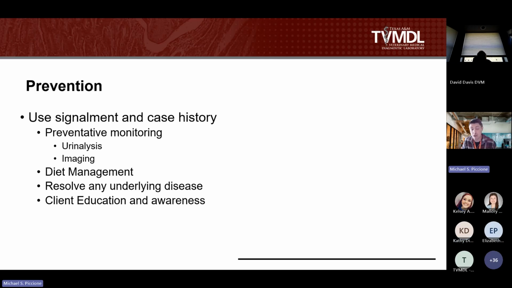And then finally, if you have a patient with another underlying disease, maybe it's a portosystemic shunt, maybe they have this chronic issue of hypercalcemia of unknown cause, please make sure that you are educating your owners and making them aware that this may be a lifelong battle, and that when they see concerns of something like, my dog's been going out more frequently, or my cat's been visiting the litter box a lot more frequently than I'm used to seeing, I'm having to change it more often, there may be a lot more merit to those concerns than meets the eye.